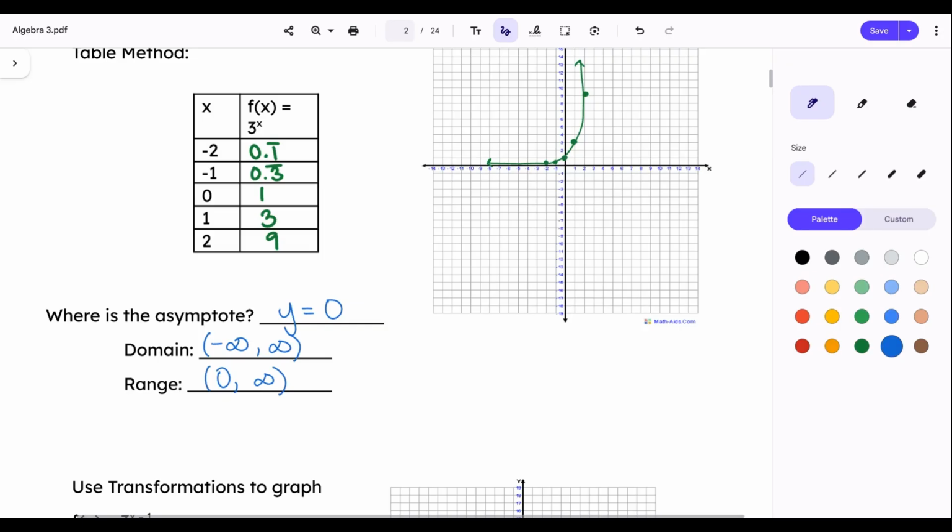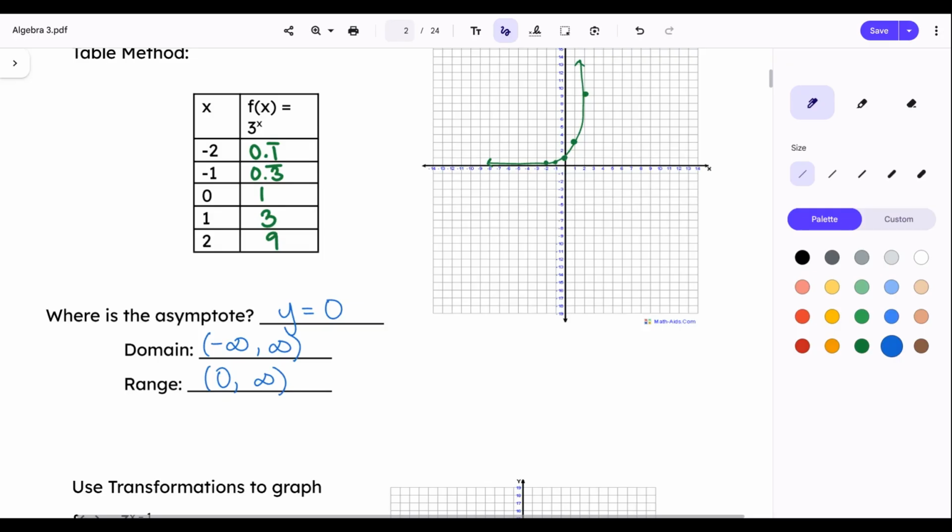Remember, a parent function is what it started out as originally, when we didn't do anything to make it look different or move it around on the graph. Now, when we start to add numbers to the exponent, or add numbers after the 3 to the x power, that is going to start to impact the way that the graph looks.